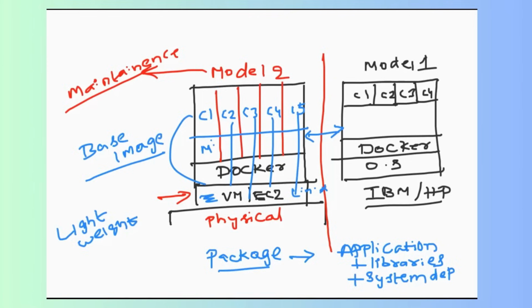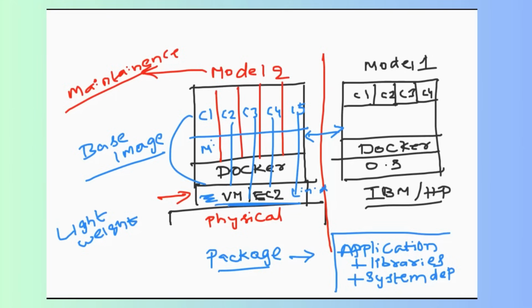Let's say your application might require Python. So what your Docker container does is, it will be a package of your application libraries and system dependencies, any other system related packages or any other shared libraries. Let's say your etc or any other shared libraries will be used from the host operating system. So that's why Docker containers are very lightweight in nature.